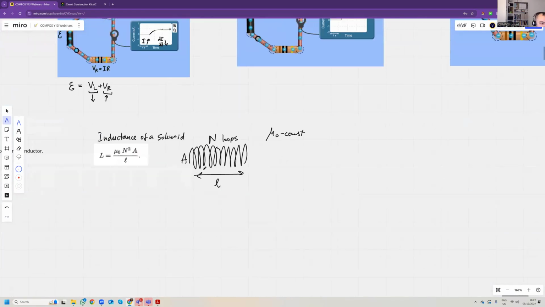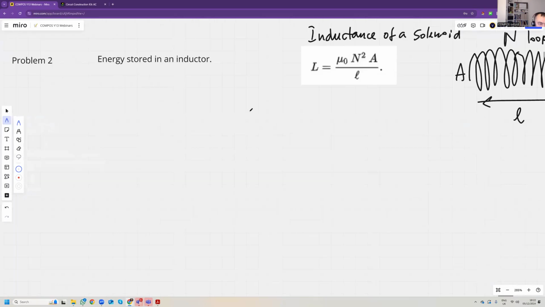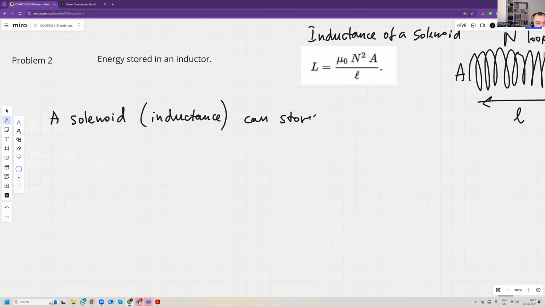So the interesting thing is that the solenoid or inductance can store energy.